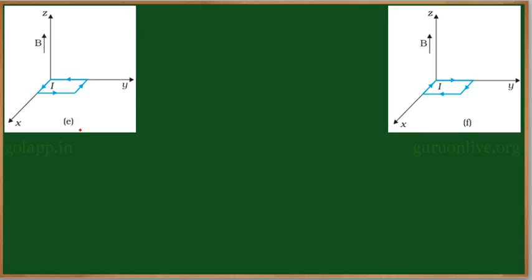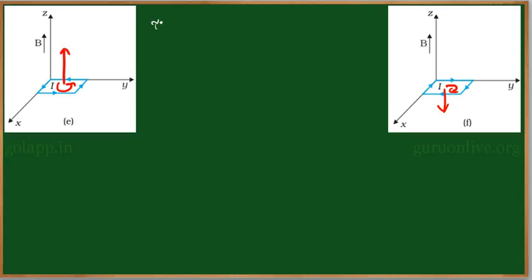Now come to the fifth question as well as the sixth question. Here the current is flowing like this. So the area vector is towards the positive z axis, and here it is in this direction, so the area vector is towards the negative z axis. Here the area vector is in the direction of the magnetic field direction, so the cross product becomes 0.